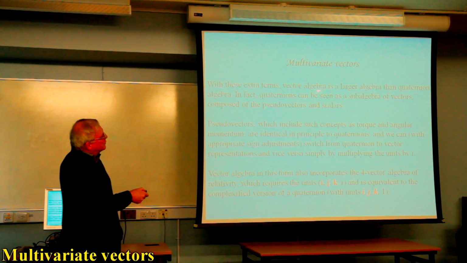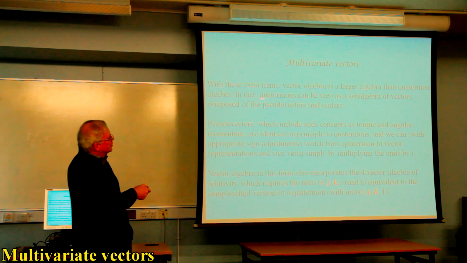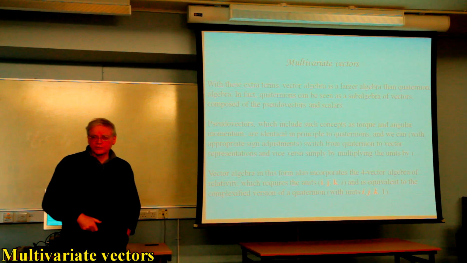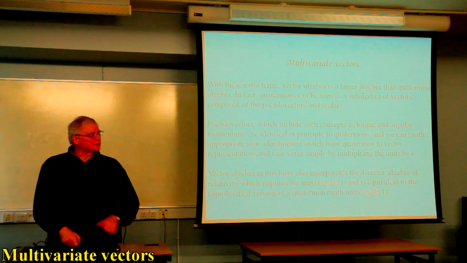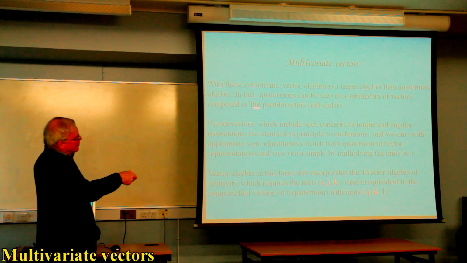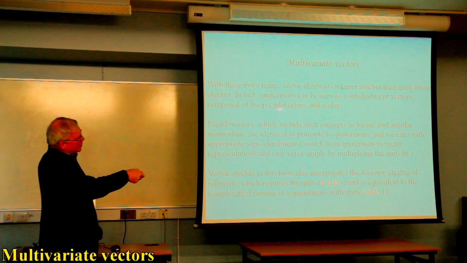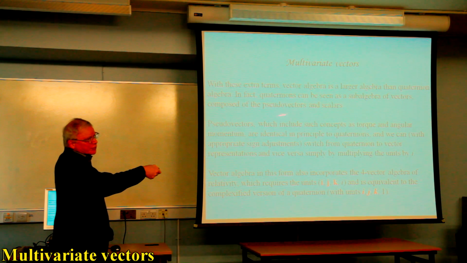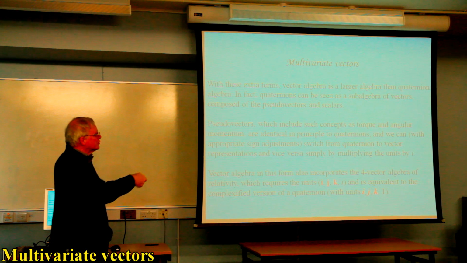So this vector algebra is a larger algebra than quaternion algebra. It's double the size of quaternion algebra, which was already double the size of complex algebra. And so quaternions can be seen as a sub-algebra of vectors. Basically, quaternions are the pseudo-vectors.